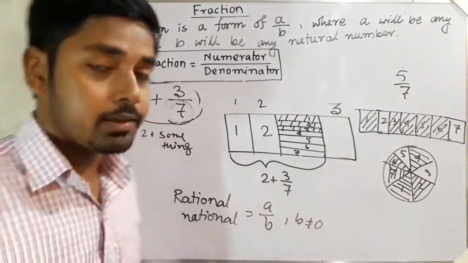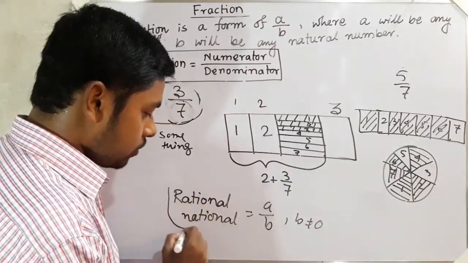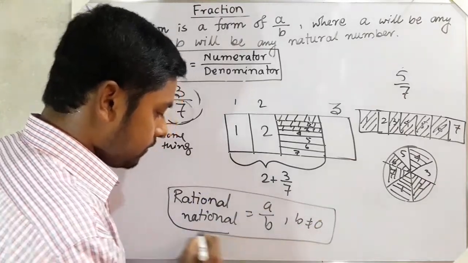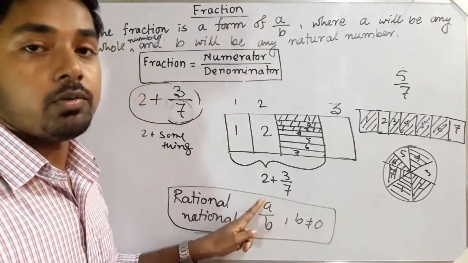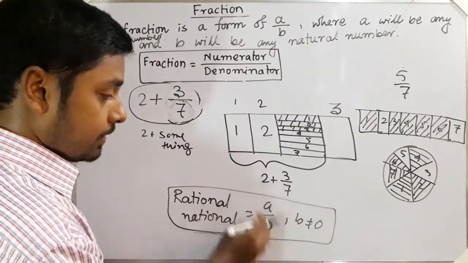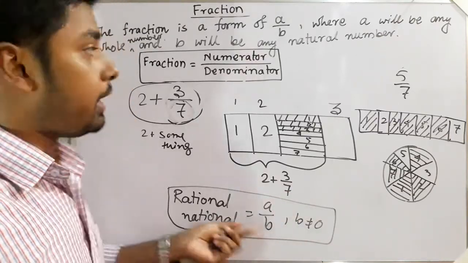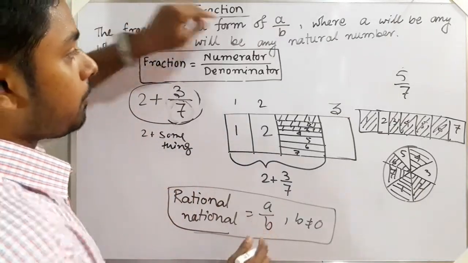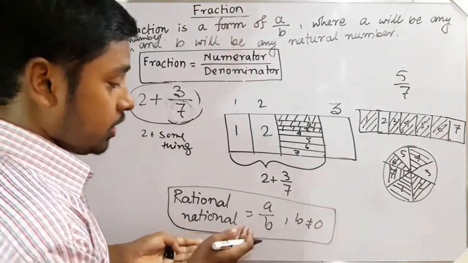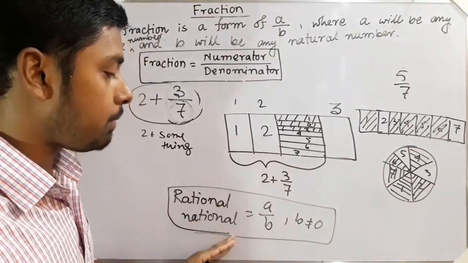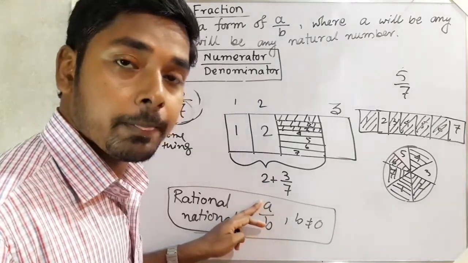I think you already know this from junior classes: the rational number has the form a by b, where b cannot be 0 but a can be 0. The same concept we also have for the natural number. That means fraction is a form of a by b, where b cannot be 0 but a can be 0. And for the rational number we tell the same thing. Same thing we are doing.